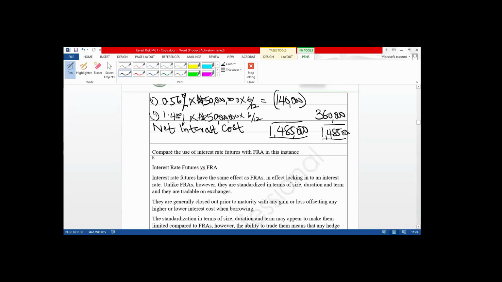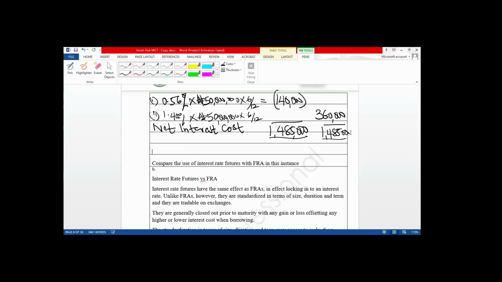If you now confirm it to the FRA rates under the FRA agreement, the amount you should have paid under FRA, look at it, your FRA payments.